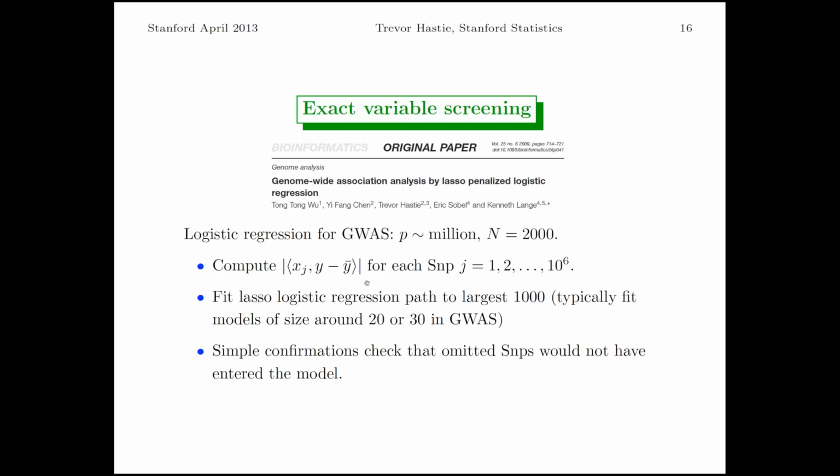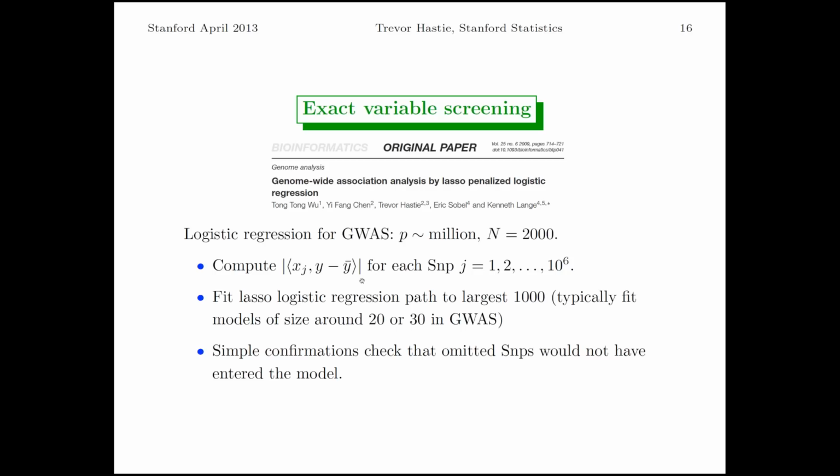And then we start decreasing lambda. Well, you might have a million variables, but what you can do is compute these quantities and screen off, say, the largest 1,000, the first 1,000 with the biggest values of this quantity.